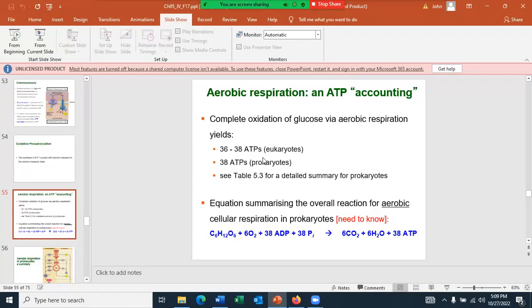Now for eukaryotes, it's between 36 and 38 ATPs. As I mentioned, the heart, the liver, and the kidneys are more efficient, and they can generate 38 ATPs per molecule of glucose. All other cells in the human body can only generate 36 ATP per molecule of glucose.